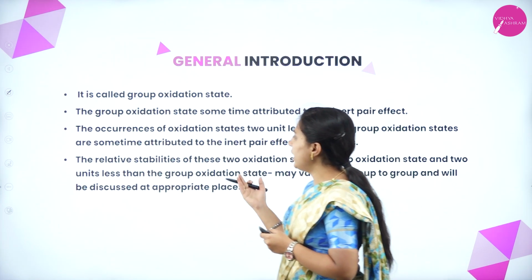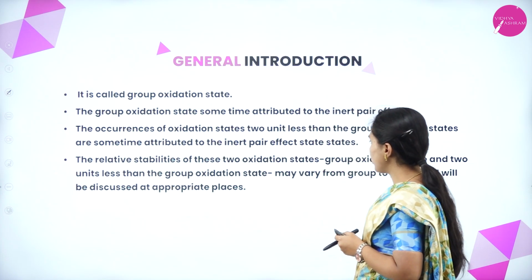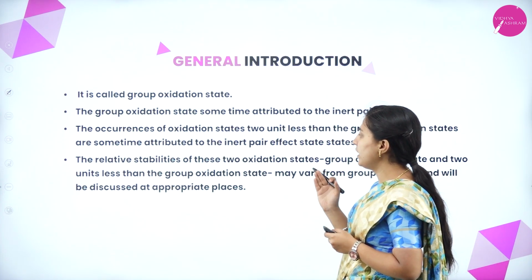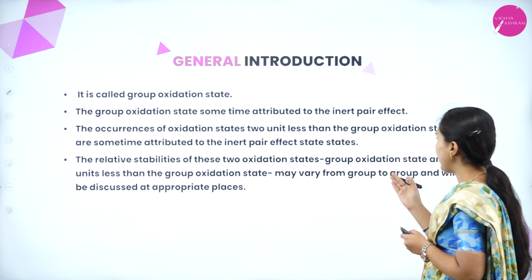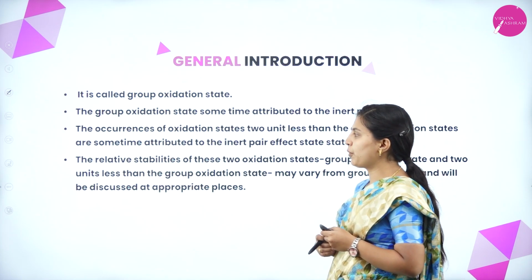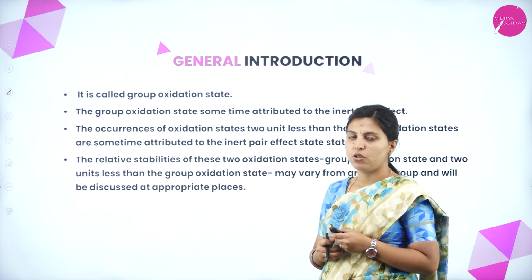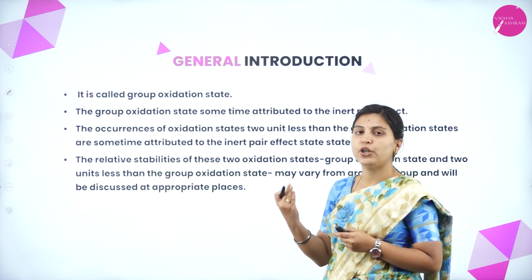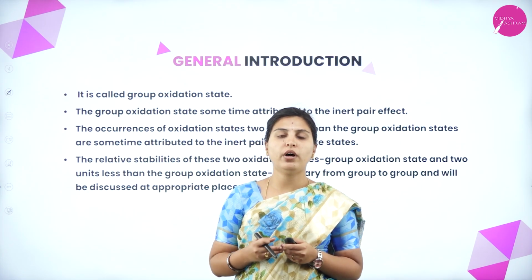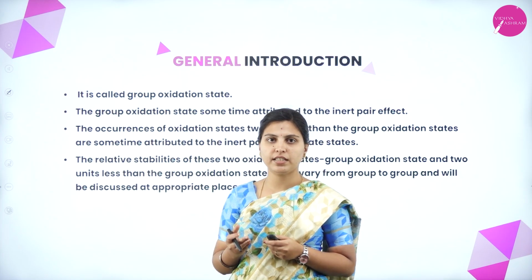The relative stabilities of these two oxidation states, that is the group oxidation state and 2 units less than the group oxidation state, may vary from group to group and will be discussed at appropriate places. Okay, oxidation state based on the group number. And p block elements will show variable oxidation states also.